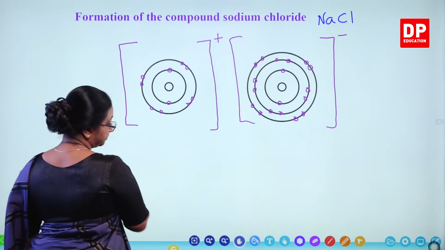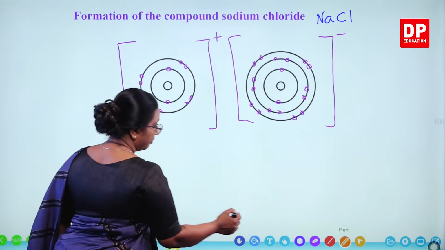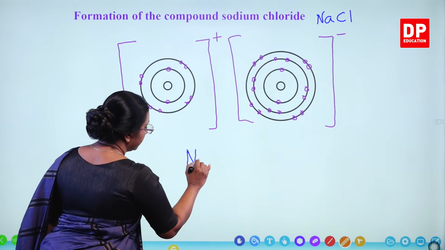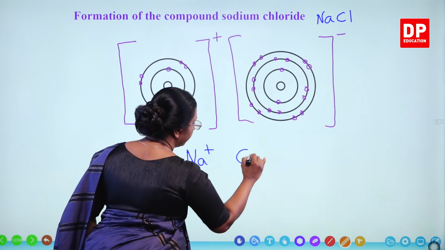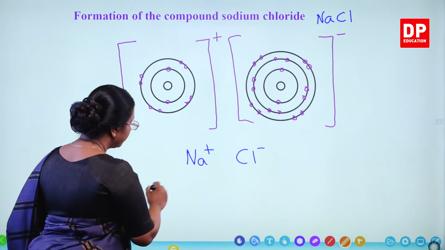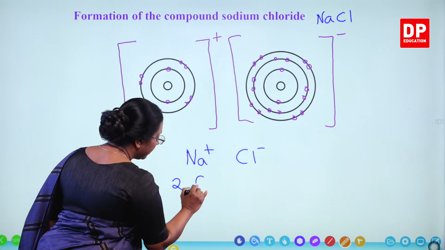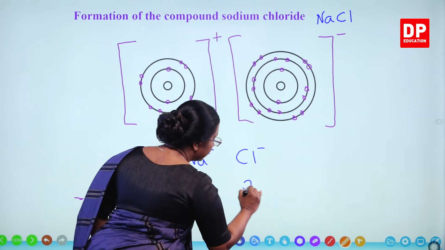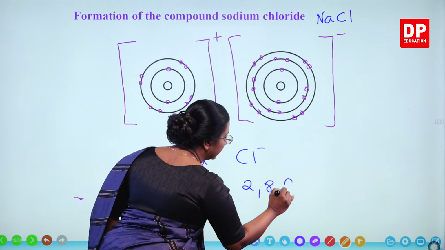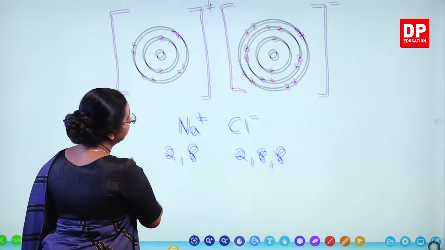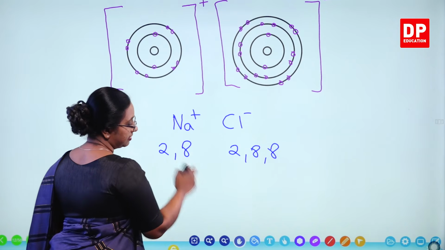If we write this, you can see sodium ion forming chloride ion. As I told you, there was a rearrangement of electrons. It became 2, 8. This became 2, 8, 8. Now, what does this electronic configuration resemble?